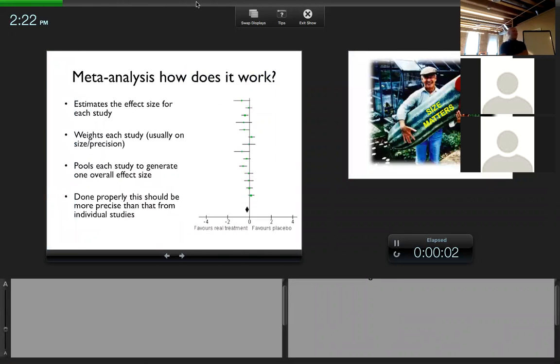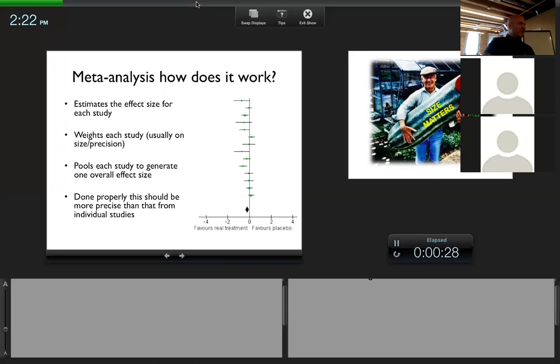Happy day. Well, those last few slides were just repeating what I'd already told you. So how does it work? Well, in a meta-analysis, we'll take and estimate the effect size for each study. We'll just take their data and get the point estimate of the mean difference between groups and the 95% confidence intervals for that point estimate. And then we'll put them all together to try and get to some sort of grand mean. But we don't weight all the studies equally.